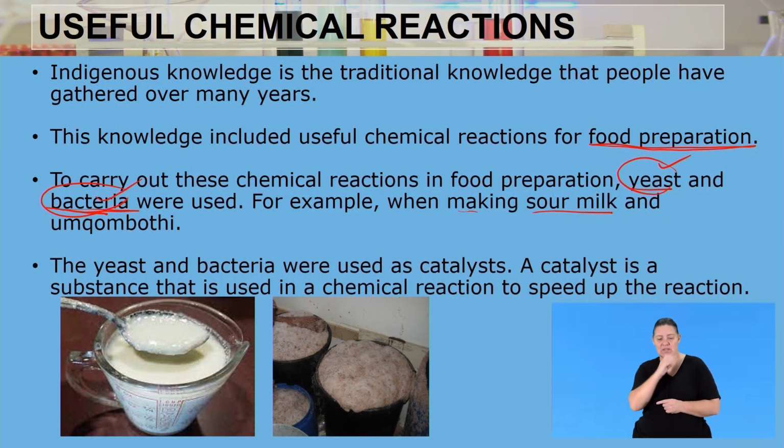A catalyst is a substance that speeds up the chemical reaction and doesn't take part in it. For instance, they have taken milk and used bacteria from the milk to make it sour, and also used certain ingredients and added yeast to speed up the chemical reaction to make umqombothi, the Zulu traditional beer.